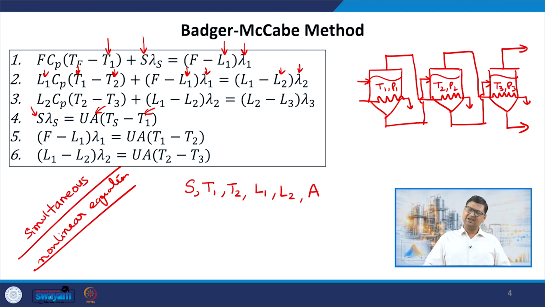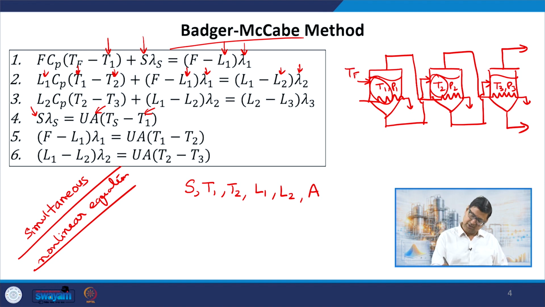One of the alternative strategies is to guess some variables. So let me propose a strategy that's given by Badger and McCabe, where they have guessed T1 and T2 to begin with. So T1 and T2 are the guess variables.